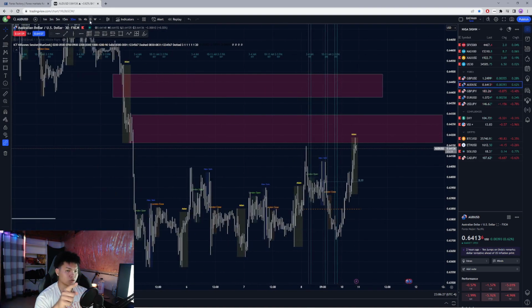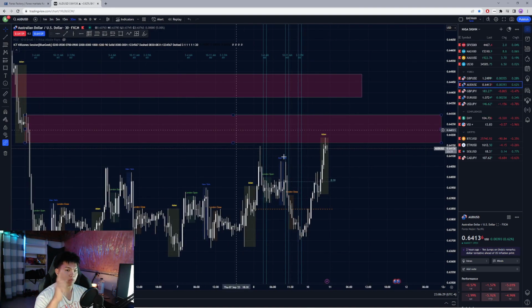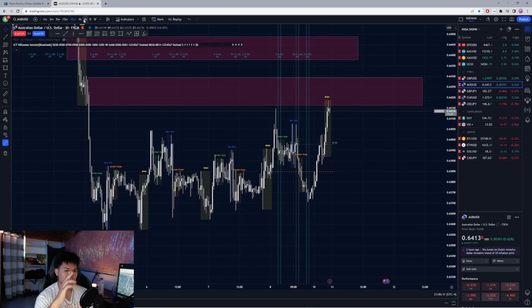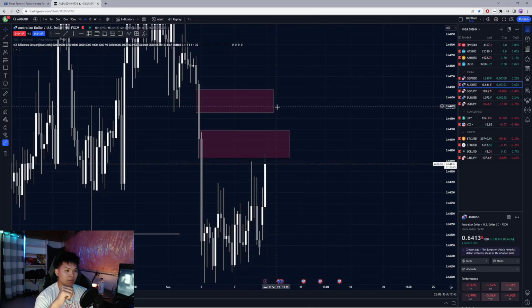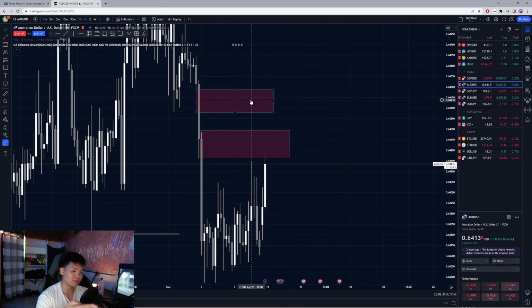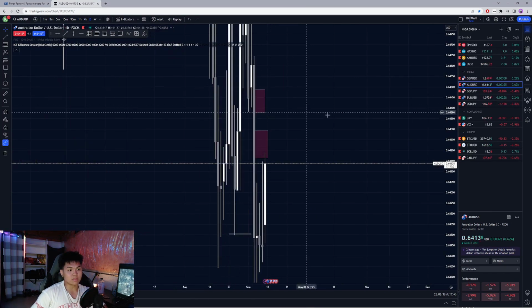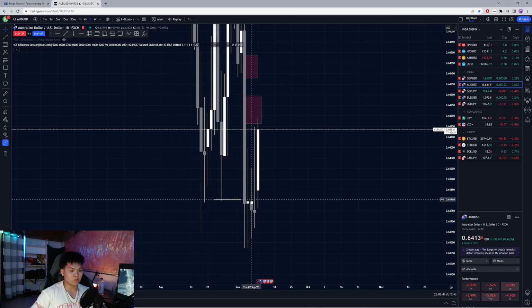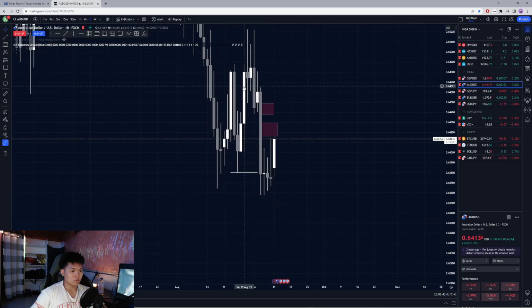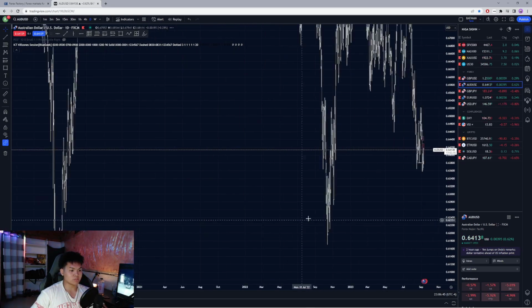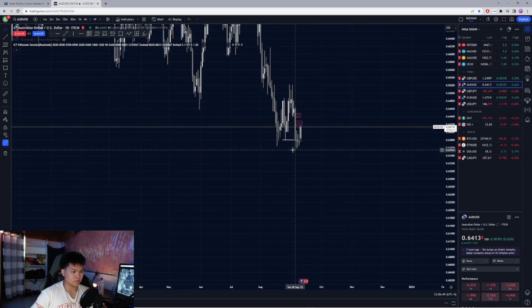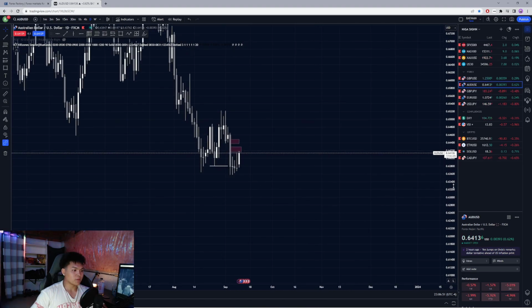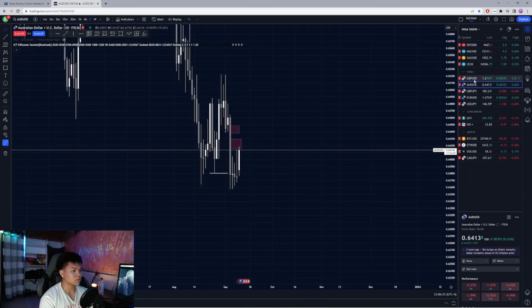We are partially bullish on the lower time frames, 30 minutes, 1 hour and 4 hour, perhaps filling up that gap, but on the daily and higher time frame, we are currently bearish, searching for this liquidity right here, or even the liquidity over here. So that's what I'm gonna see.